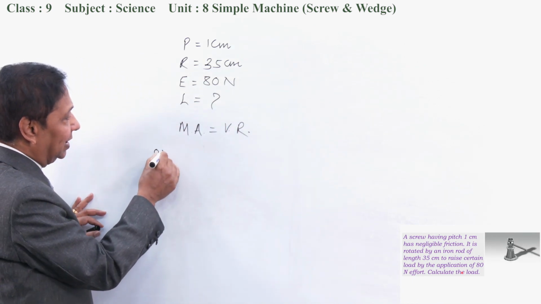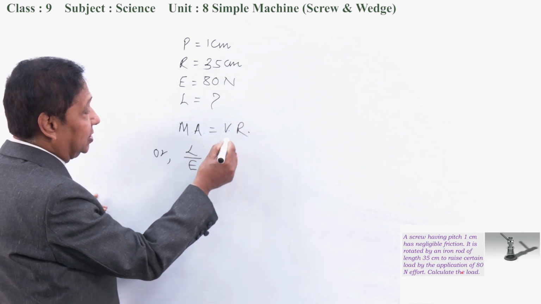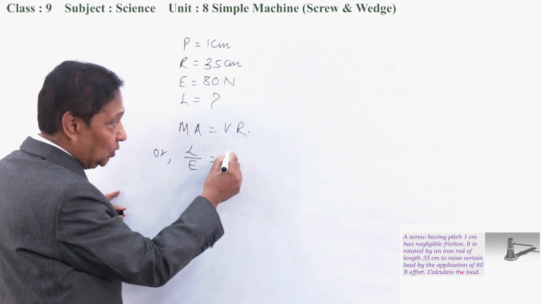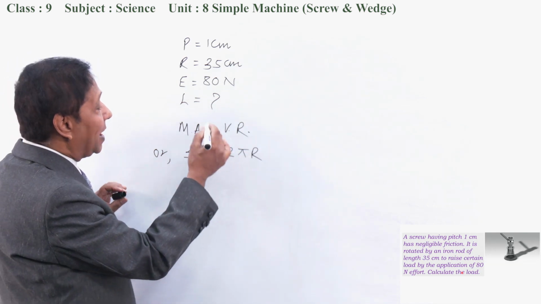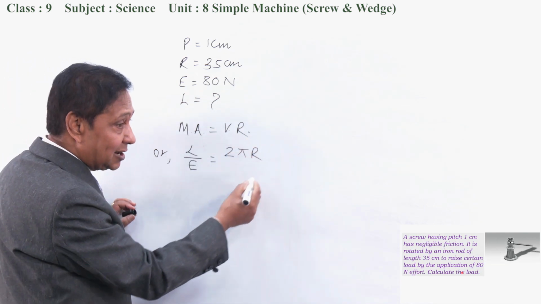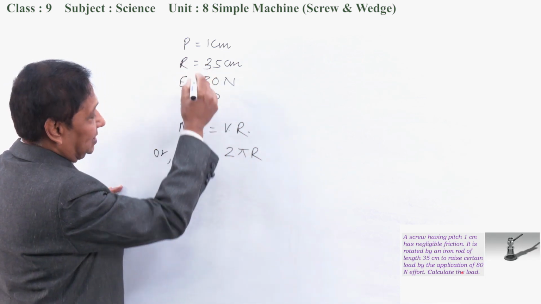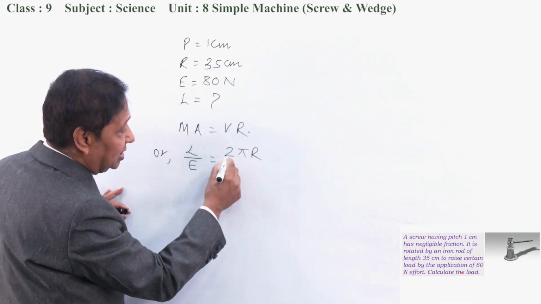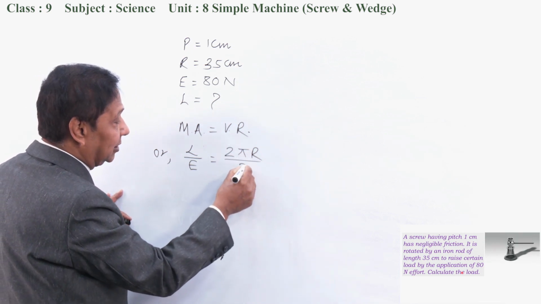So, mechanical advantage can be written as load by effort, and velocity ratio can be written as 2 pi r by p. Distance traveled by the effort is the circumference 2 pi r, r is here, and the pitch is the load distance. Velocity ratio is effort distance upon load distance, which is p.